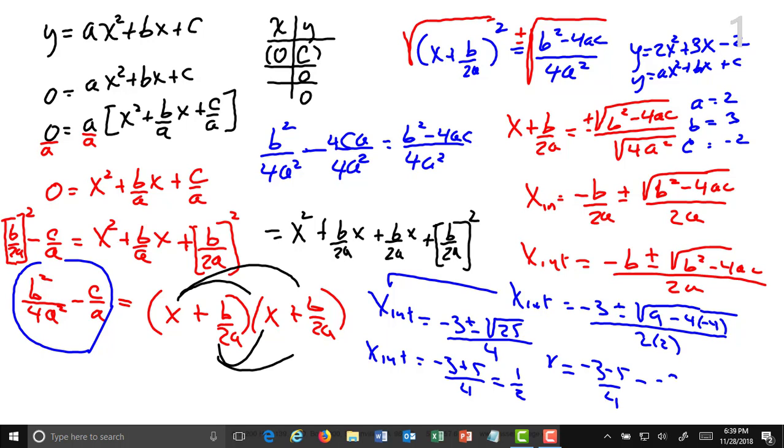Which is going to be equal to minus 2. So that should help you tie together where this equation ever came from. It came from completing the square of a general second degree polynomial.